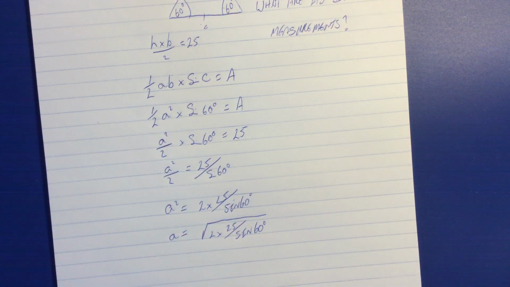And that is an exact value, I assume. I'm going to try it and see what I get. I'm probably going to get a really ugly decimal, but I'll try this. So the first thing I'm going to do is divide 25 by the sine of 60.